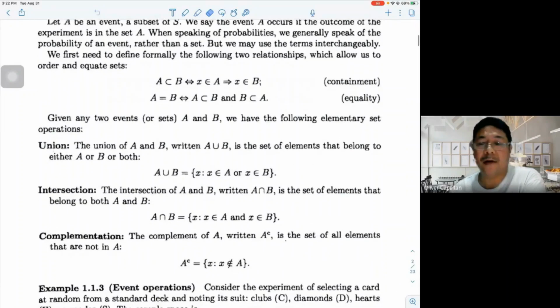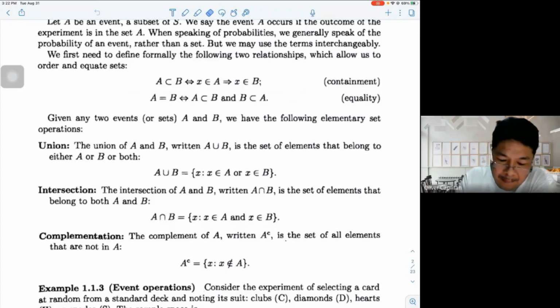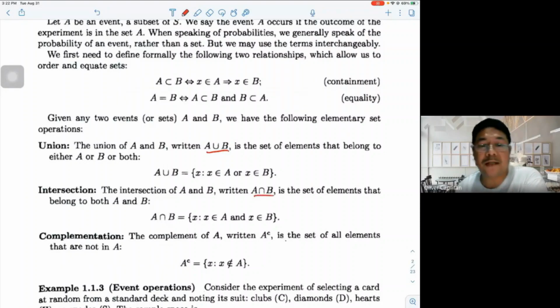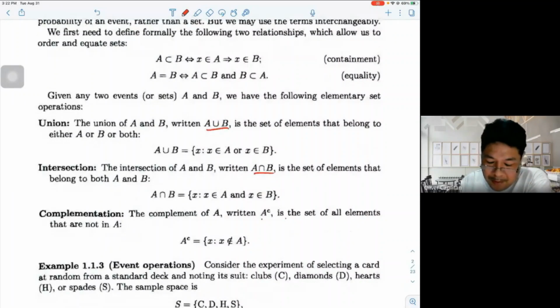And then we have here some operations on our sets. We have the union denoted by this symbol, the union of two sets. Then we have the intersection of two sets. The complement of a particular set denoted by this.